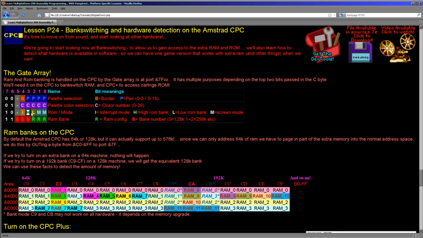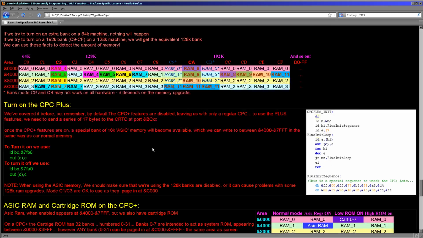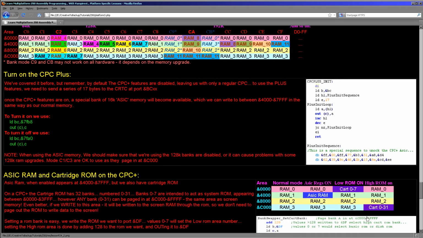So we need to page it in using bit 3 here, turning this to 1. That will page in the high ROM into this area, and that will gain us access to all 32 of those 16 kilobyte ROM banks. And as an added bonus, while C000 is our screen memory address area, while reading from that area will read from the ROM, if we write to that area, it will actually go through the ROM and straight to the screen.